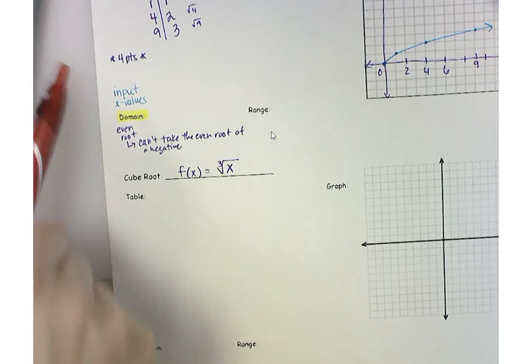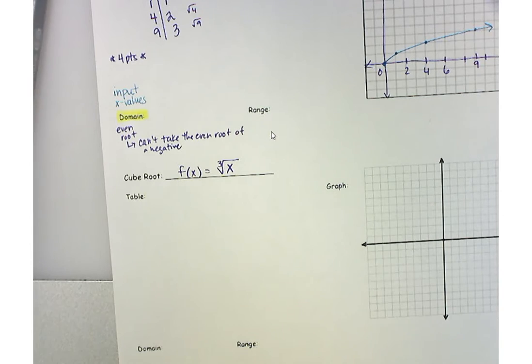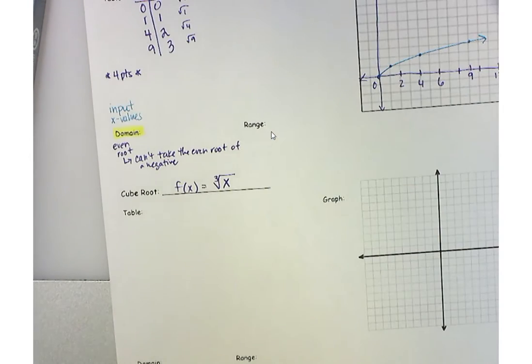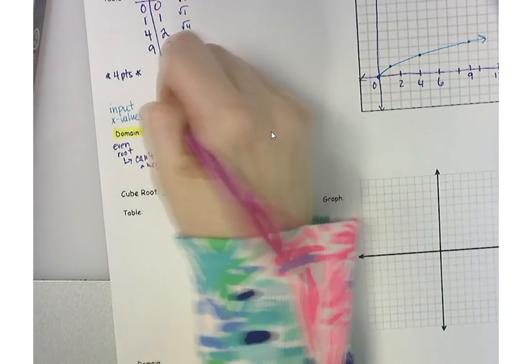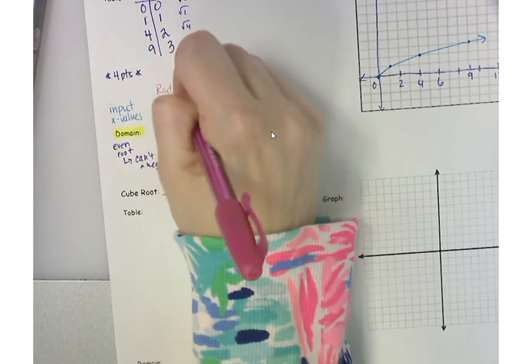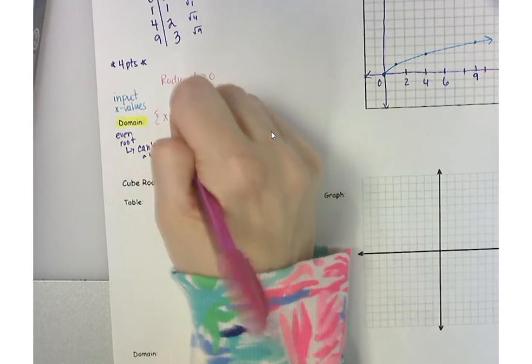In this case, we write that in set builder notation: x such that x is greater than or equal to 0. And that is your domain.